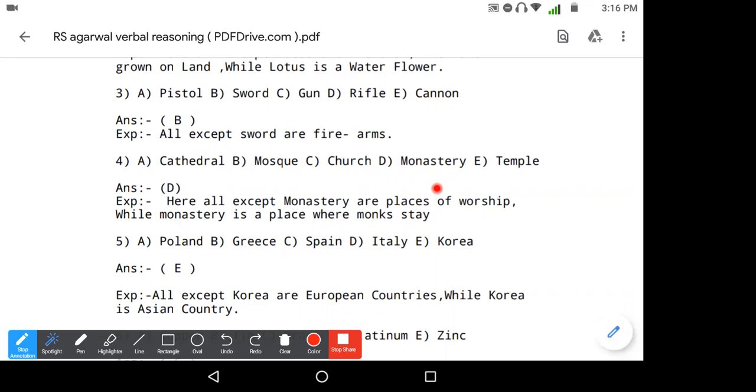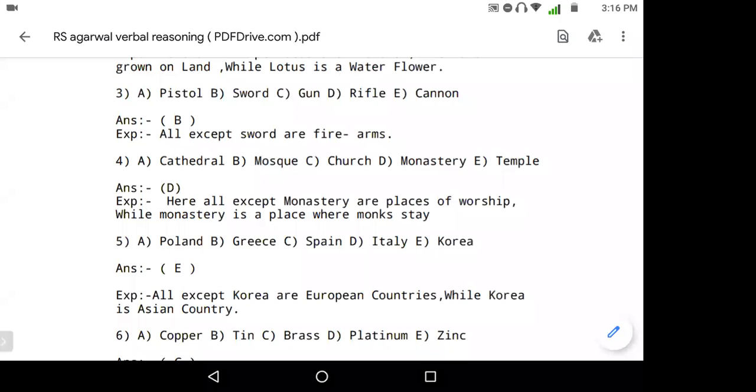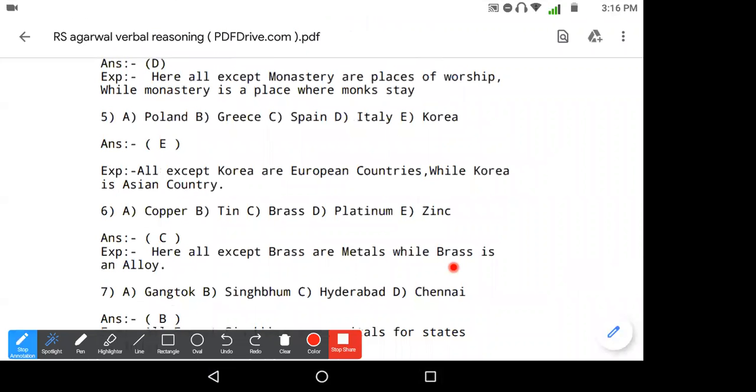Then Poland, Greece, Spain, Italy, Korea. Okay, so these are the countries that have been given. Poland, Greece, Spain, Italy, and Korea. So these are the options given to us.